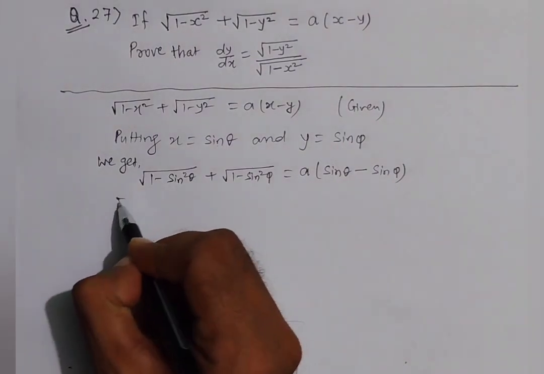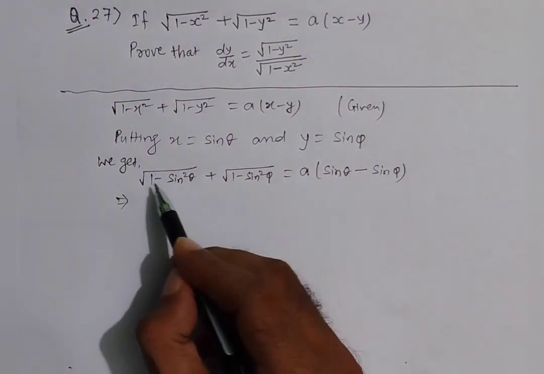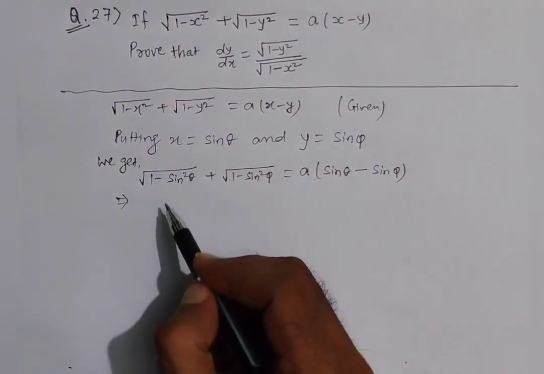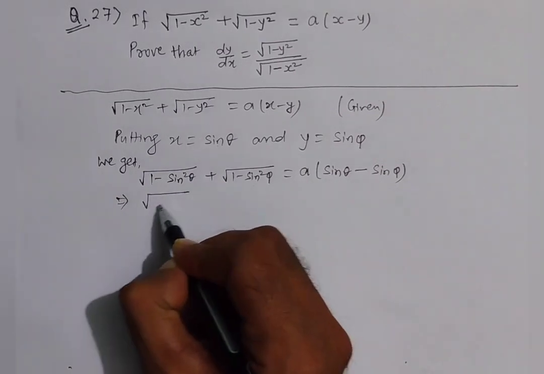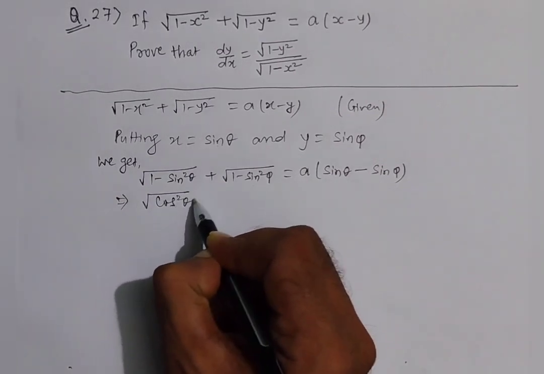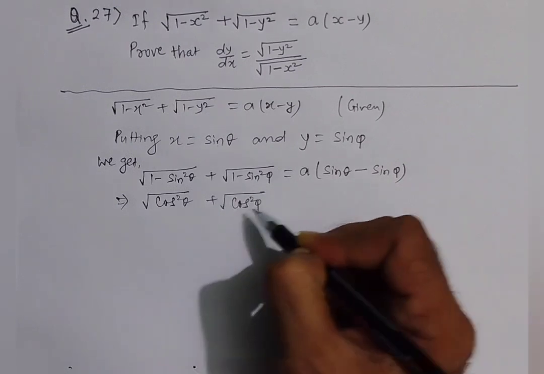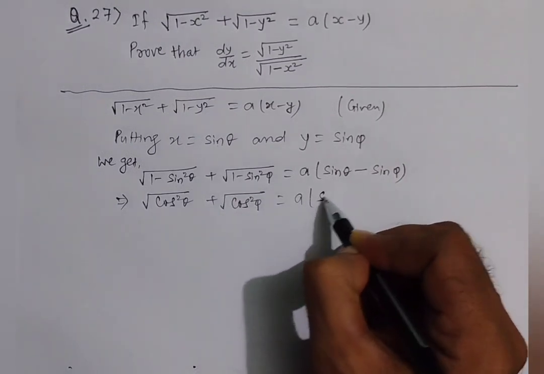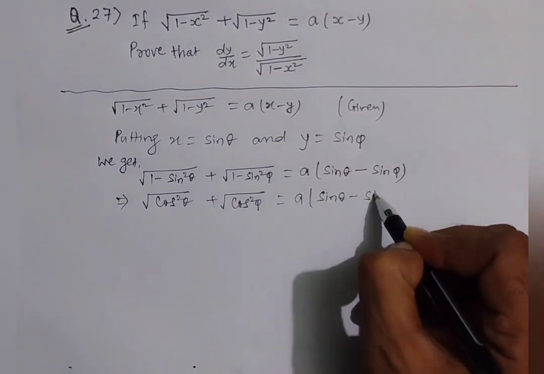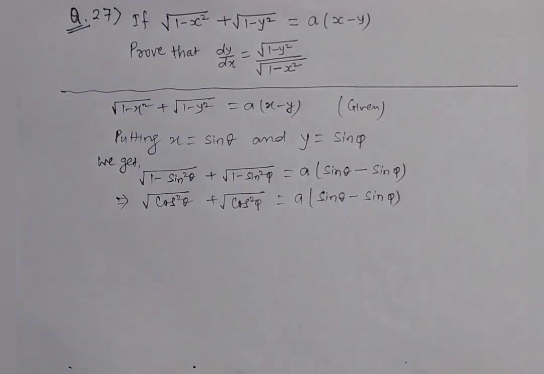Then we know that 1 minus sin square theta is cos square theta. So outside square root this will be square root of cos square theta, and 1 minus sin square phi is what? Cos square phi. So this equals a into sin theta minus sin phi.